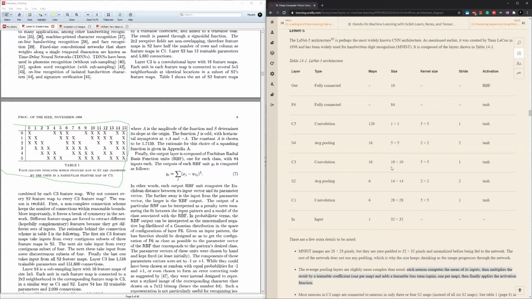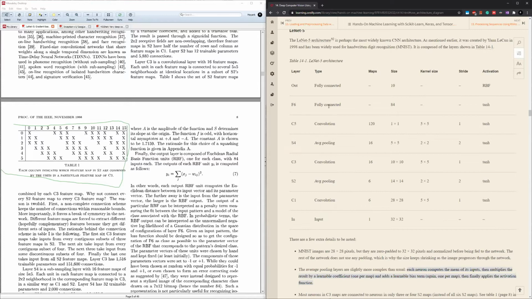The image size will be, I think, 10 by 10, yes. And the kernel size is 5 by 5 with the tanh activation. Then the average pooling layer with the kernel of 2 by 2 and stride of 2. And this is the fifth convolution layer, with this kernel size and the stride.